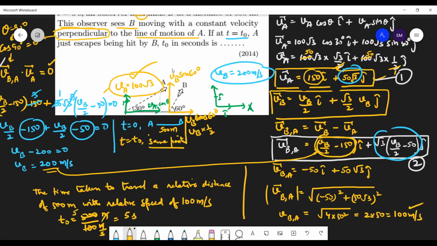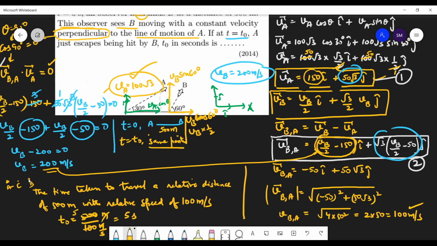So when the observation starts, after 5 seconds they were supposed to be at the same position, so about to collide. Okay, so we have done a similar kind of question in the NCERT also, when two cars were approaching and there were three cars actually.